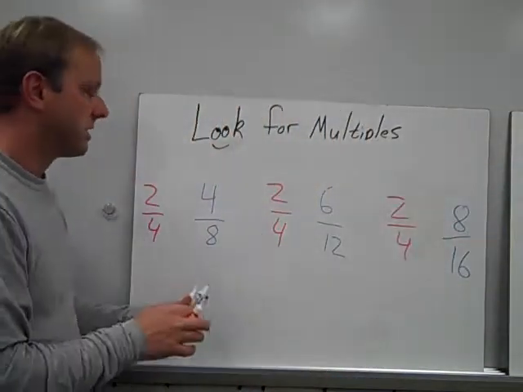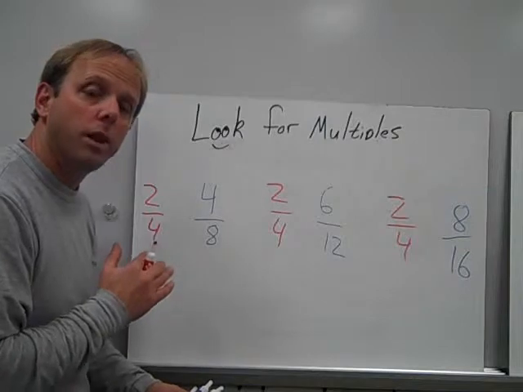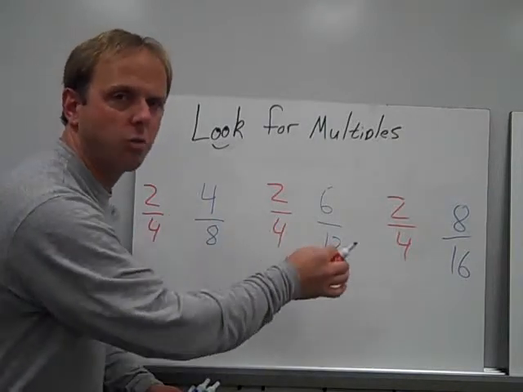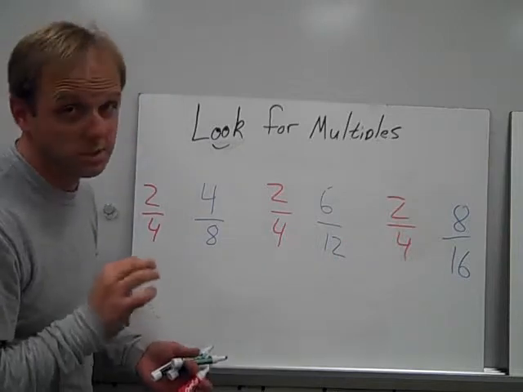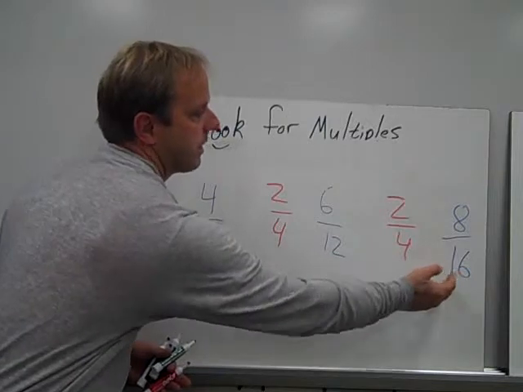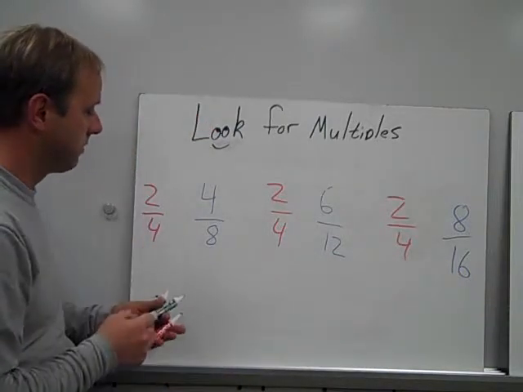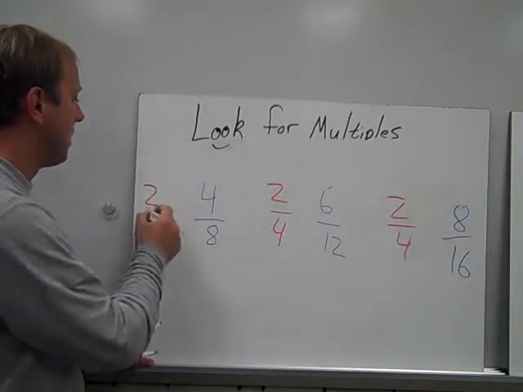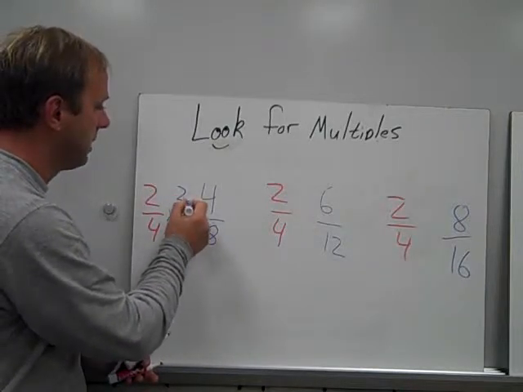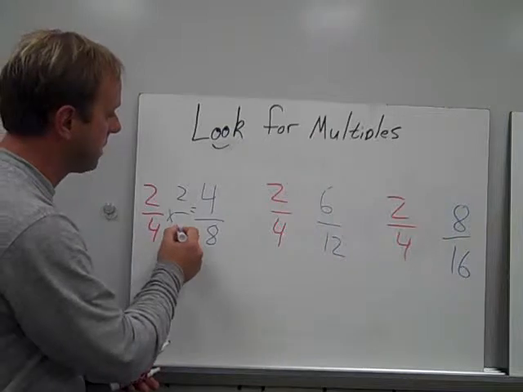Now, another tip, and this is not one that I want you to only ever use. This helps you sort of catch the wrong answers quickly, but you still need to use math. However, I'm going to see if each of these fractions in blue is equivalent to 2/4. So I would say 2 times 2 equals 4. So does 4 times 2 equal 8?